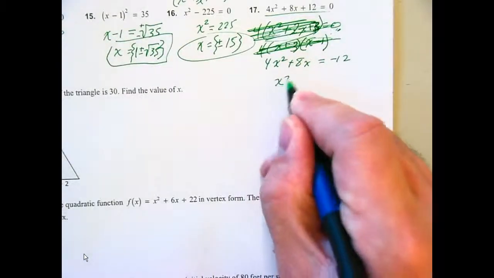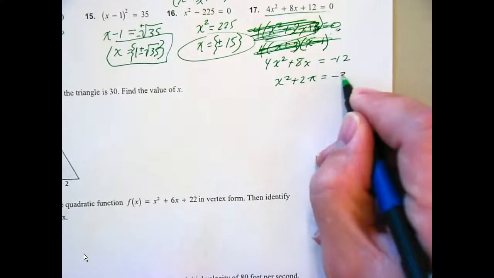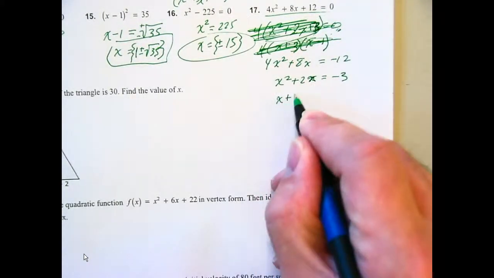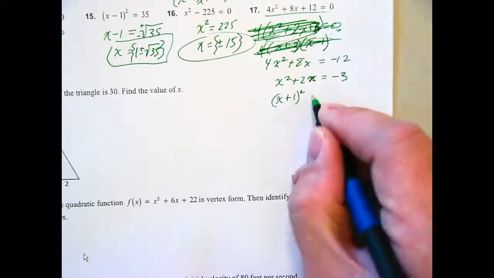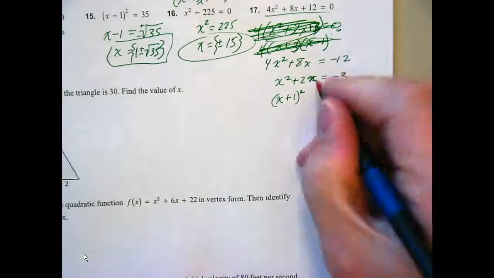Okay, so subtract 12, divide by 4, we get x squared plus 2x is equal to -3. Complete the square. So that gives me x plus 1 squared. Which means on both sides we're adding how much? We're adding 1.